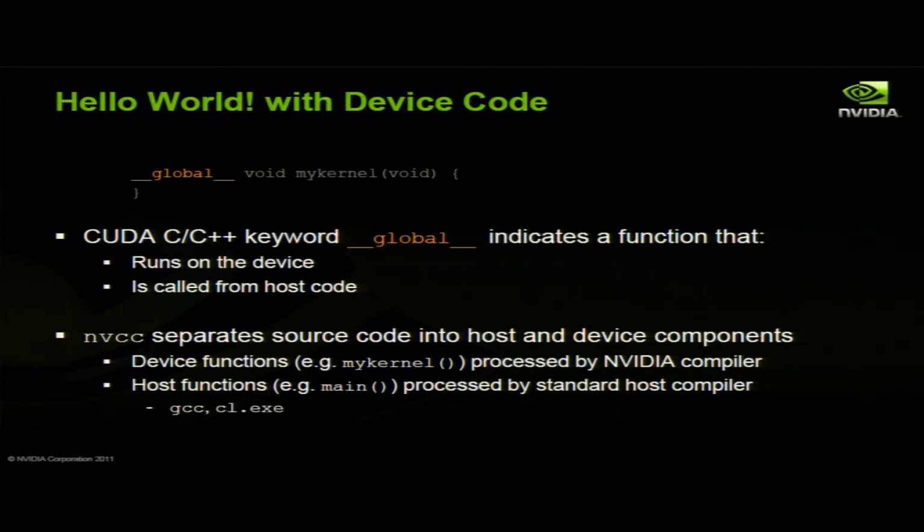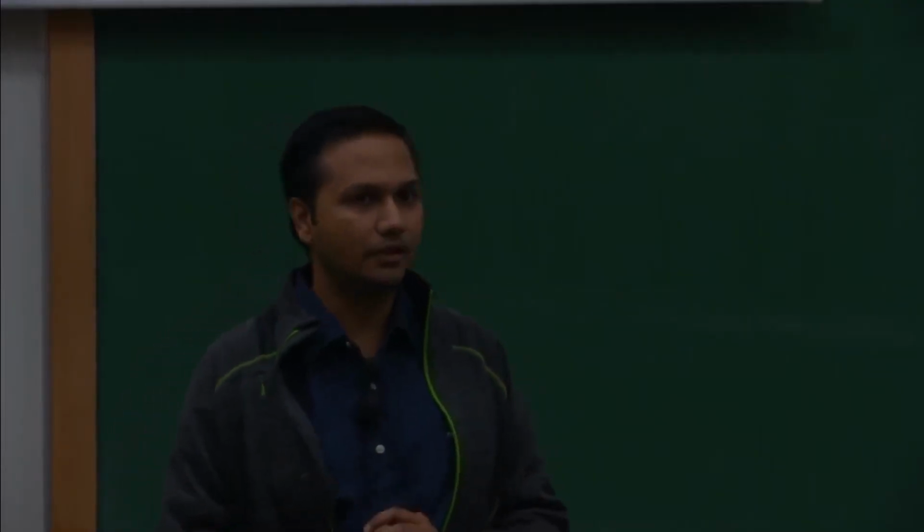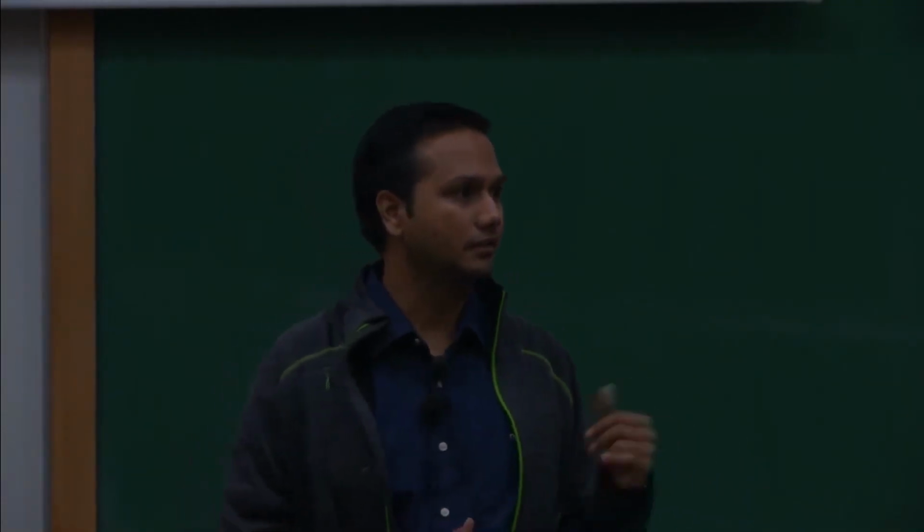What happens to your CPU code? It remains exactly the same as it was, and NVCC does not make any change to your CPU code, which means NVCC internally will call your host compiler. Like on Ubuntu or any Linux system, it will call GCC.